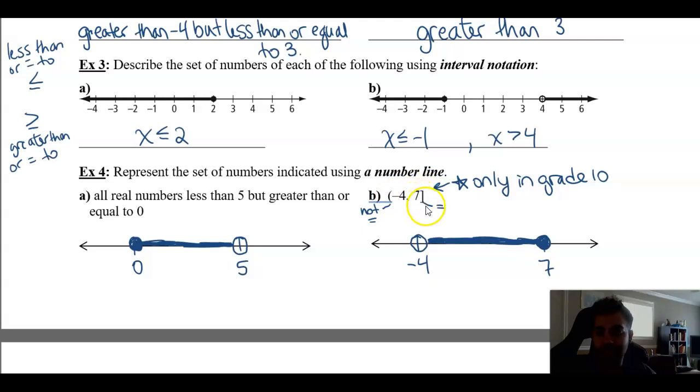So here, you can see that this value is not filled in because we're not including the -4 since it's a curved bracket, and it's going all the way up to 7, and we have it filled in, okay? So I guess you'll see this in this chapter, but you don't really see these types of questions where you have a set of pairs and you draw it like that, so you don't see this too often.